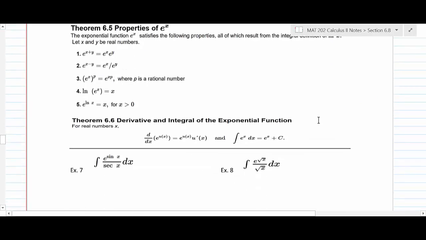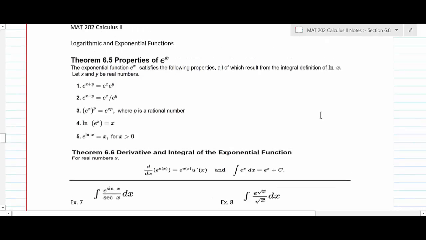The next thing is these properties. If you're really solid into studying math and you're a math major, all of these properties are just properties of exponents. They can all be proven by working with an integral. I usually don't take the time to do that in Calc 2.